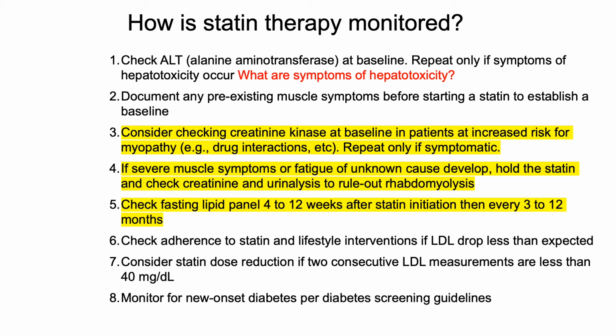And then if they do develop muscle symptoms or fatigue, then you can hold the statin and check this blood work, the creatinine urinalysis, to rule out rhabdomyolysis. And then check the fasting lipid panel 4 to 12 weeks after statin initiation. And then if you don't do a dose change, every 3 to 12 months.